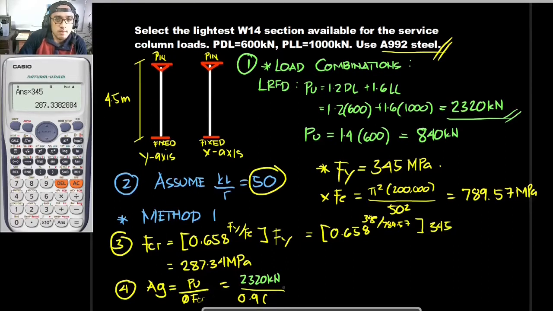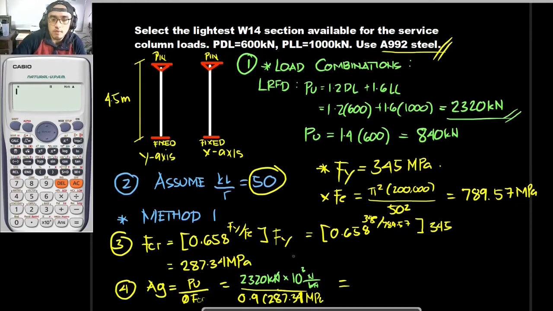Okay, so if that is the FCR, ito is 287.34 megapascals. Naka-kilonewtons pala to, no? So we must convert it first to newtons. So that is to be times 10 raised to 3 para maging newtons yan, newtons per kilonewtons. Okay?